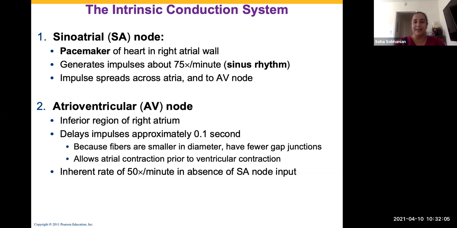Intrinsic conduction system basically means it is a network of non-contractile cells in the heart, and I'm typing this in the chat box so you have it, that create electrical impulses that lead to muscle contraction, or basically your heart pumping.